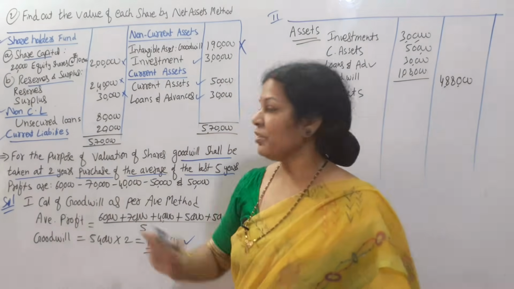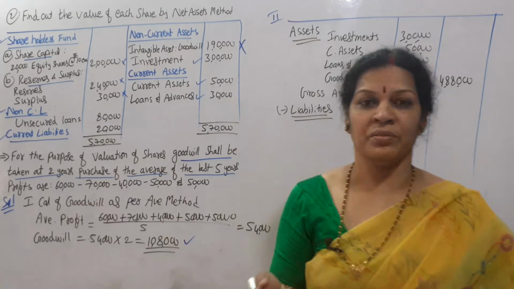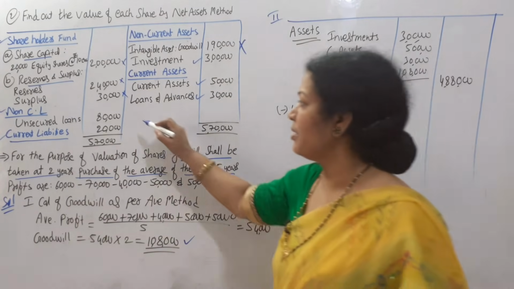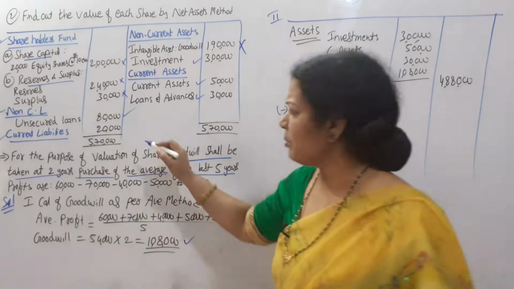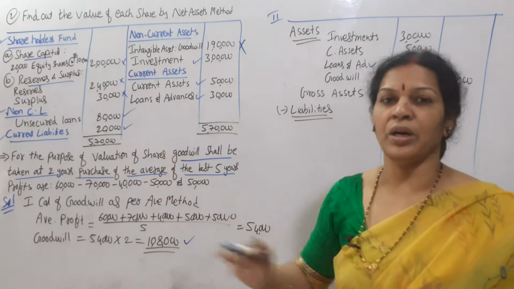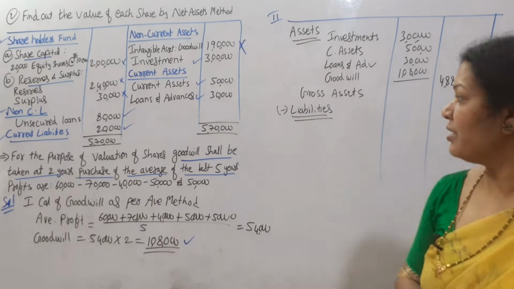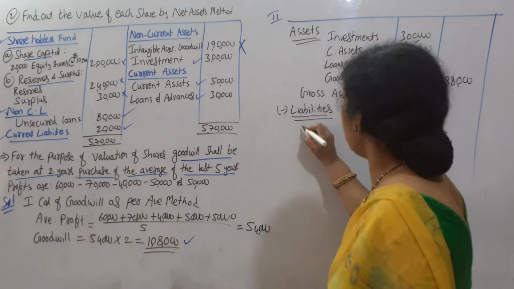Now what else liabilities do we have? Unsecured loans. We have taken a loan, that's a liability, yes, we are going to take it. And current liability, of course, this is a liability. These two we are going to consider as liabilities.